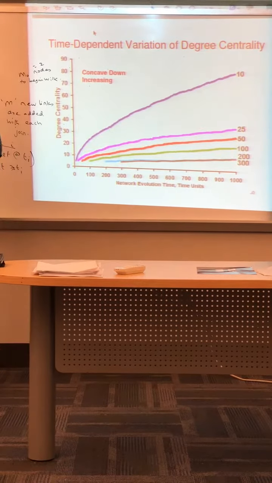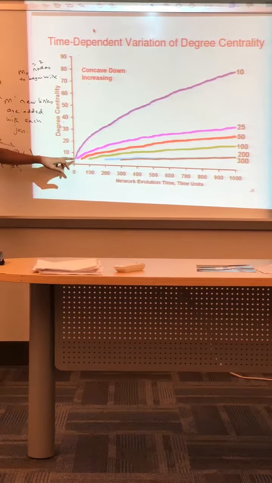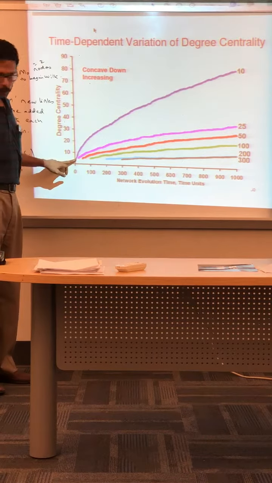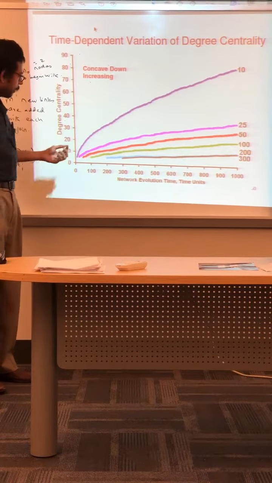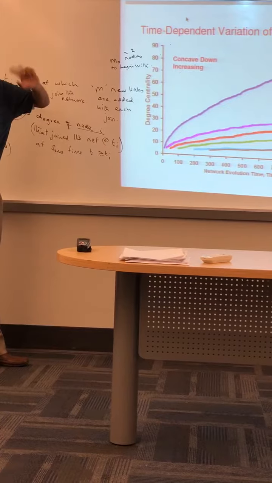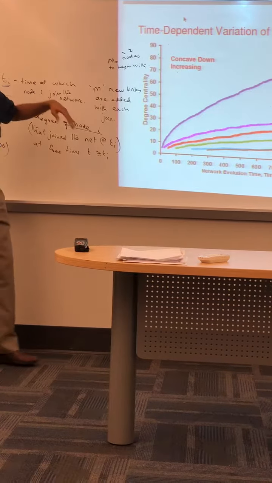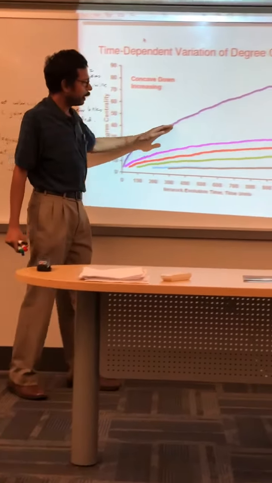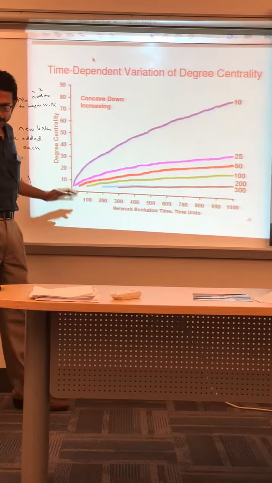As you can see, every new node at the joining time gets m links. So the newly joining node gets only that same degree at the time of joining. But after that, the degree grows at different rates.